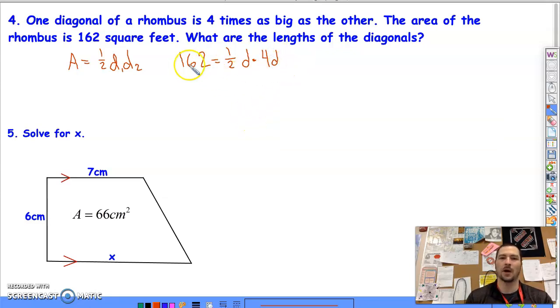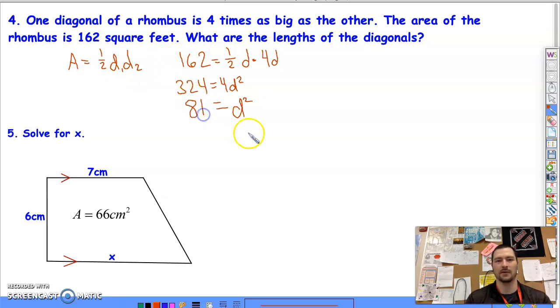Then we solve the problem. Multiply both sides by 2, which gives us 324. D times 4D, again it's not plus, so it's not 5D, it would be 4D squared. Divide by 4 and we get 81.